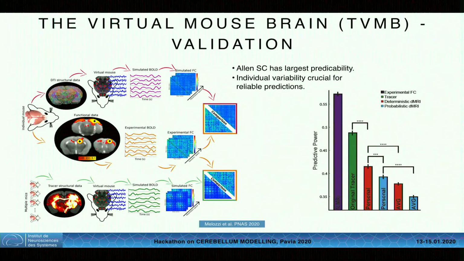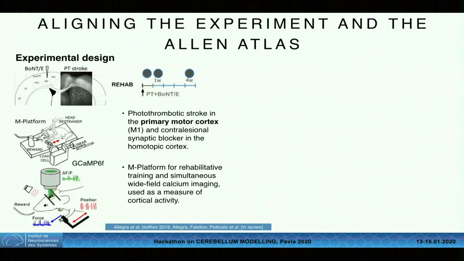And using different shufflings and surrogates, it was found that indeed it is this directionality in the tracer data, which is missing from the DTI MRI, and the complex fibers that are causing the Allen connectome to be more predictable.